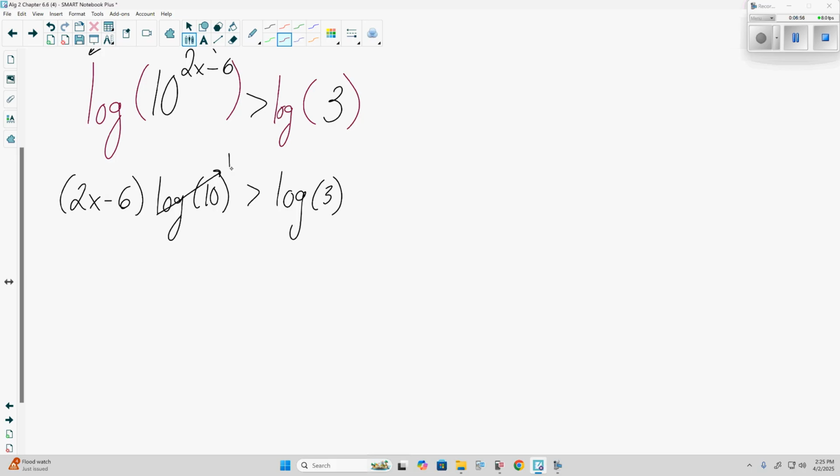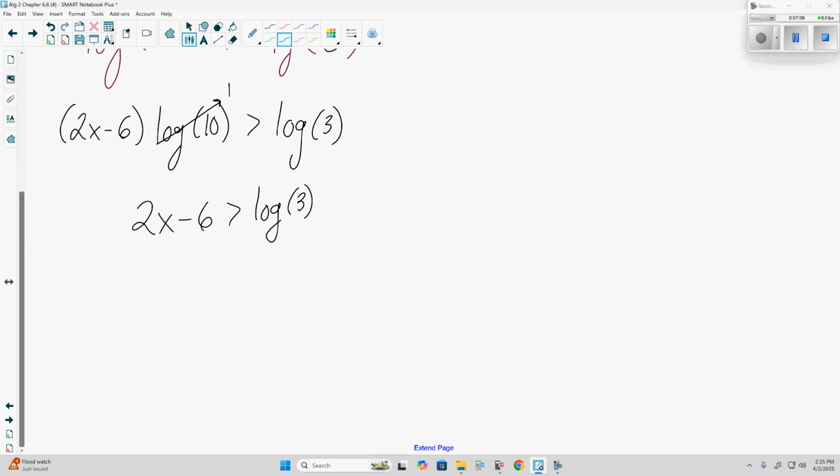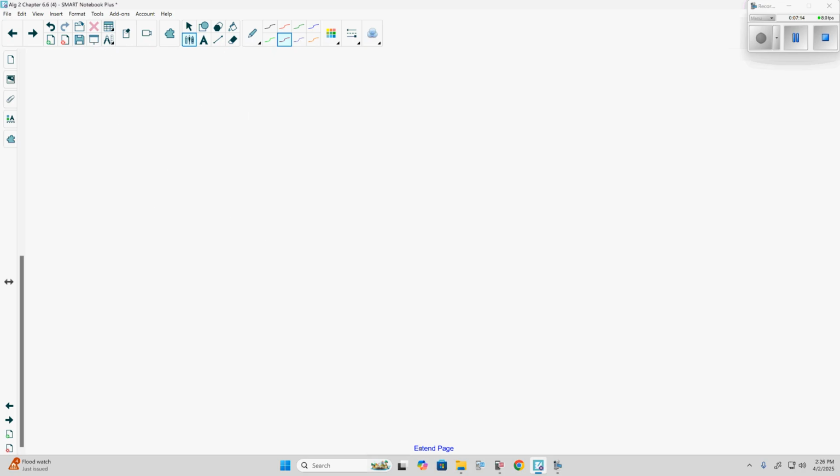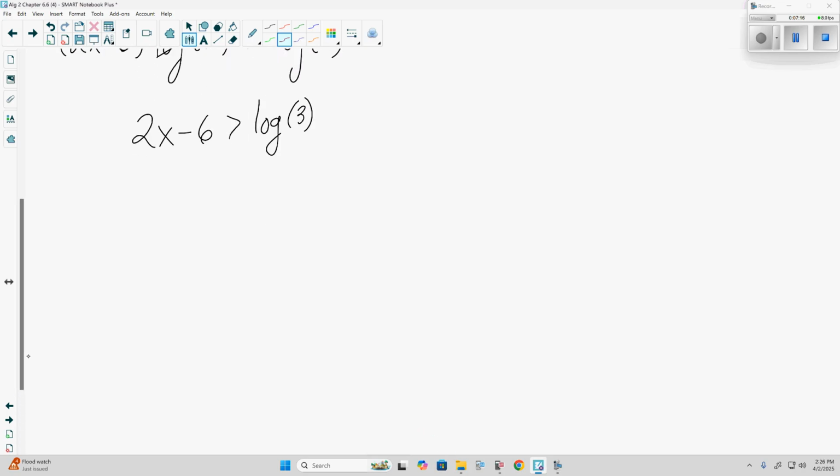Log of 10 is going to reduce to 1, and our 1 times 2x minus 6 is going to be 2x minus 6, which is greater than log of 3. Since x is not by itself, we just need to get x by itself. So the first thing we can do is add 6.